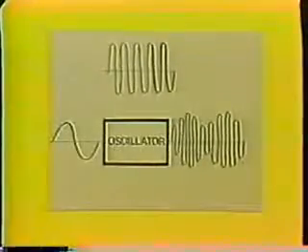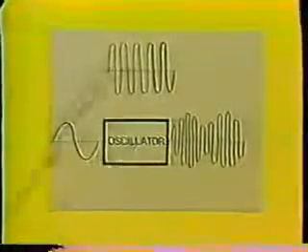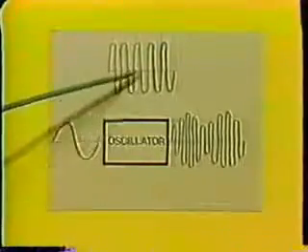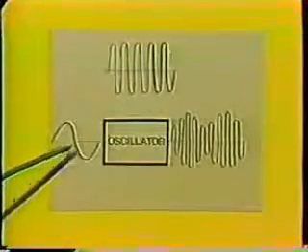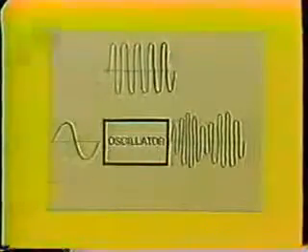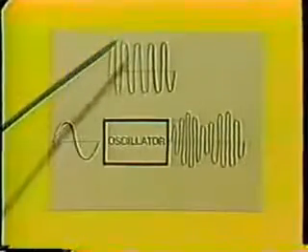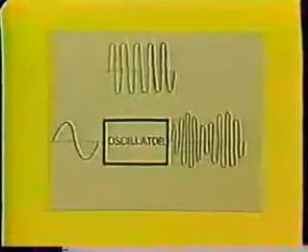Amplitude modulation can be obtained by using an oscillator instead of an amplifier. In this case, the carrier signal is generated by the oscillator, and the modulating signal varies the bias of the oscillator transistor. The amplitude of the carrier signal can be varied by varying the bias of the oscillator transistor.